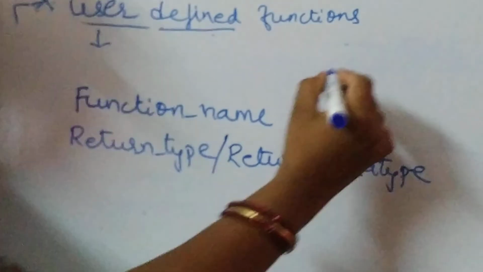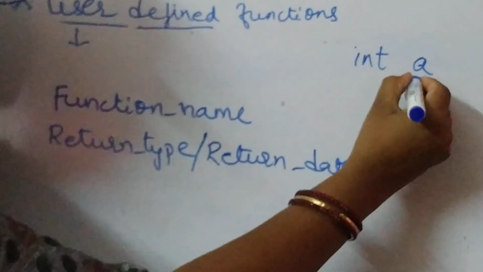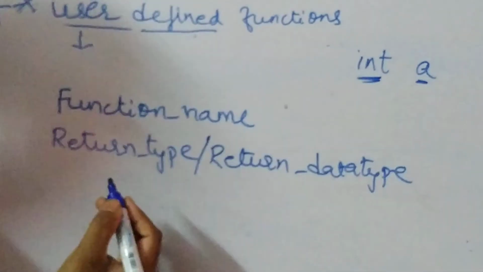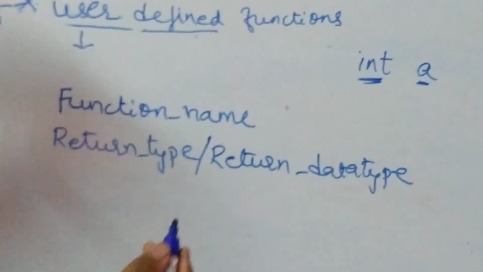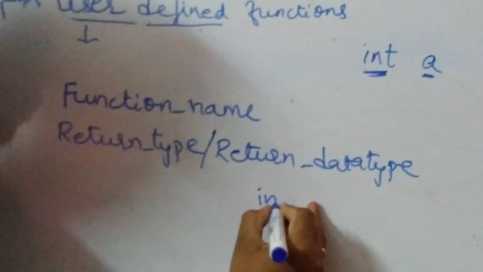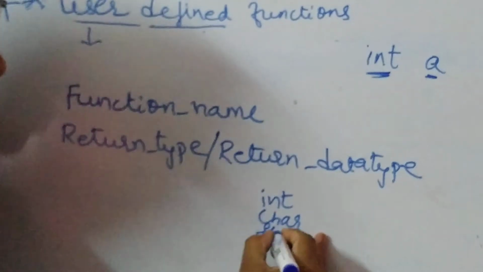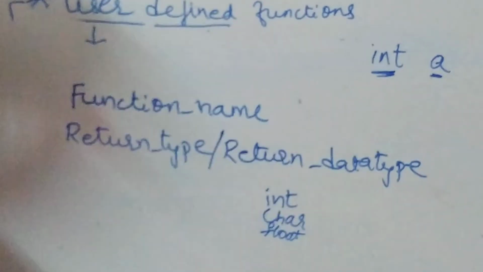For variables, we use int a. This is a variable and this is the data type. In the same way, for functions also we use these data types. The data type may be integer, character, float or double, any data type.